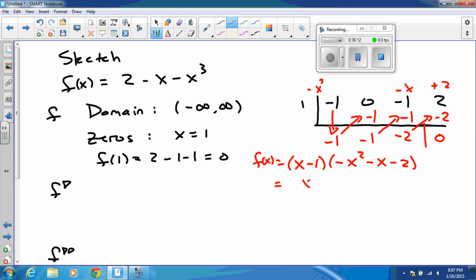These coefficients here are now the coefficients of my reduced polynomial. So f of x is equal to x minus 1 times negative x squared minus x minus 2. Well, I see a negative 1 factor that can come out of that.